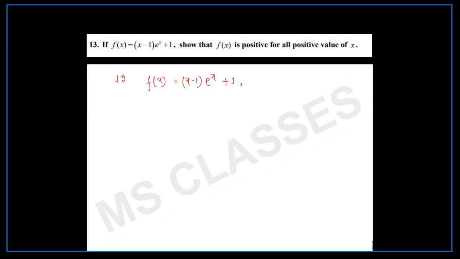So here what we can see is a differentiable function. Why? If you think of this as g(x) plus h(x).